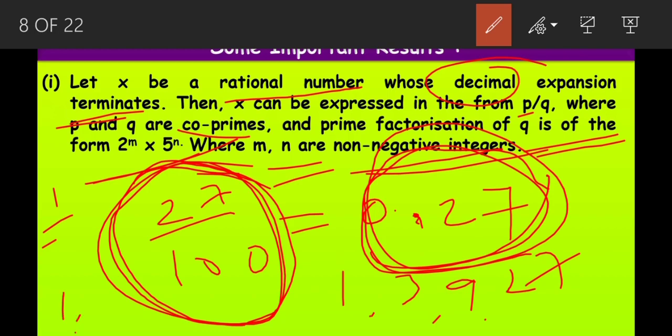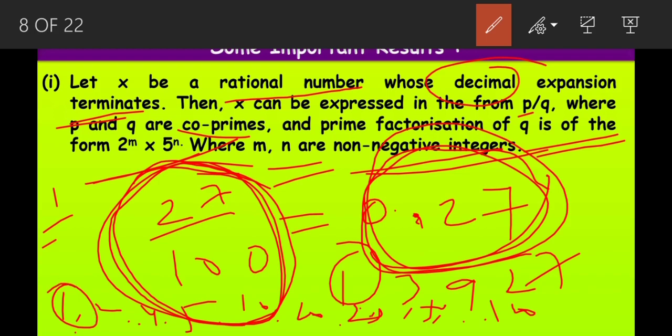It is divisible by 1, 2, 4, 5, 10, 20, 25, 50, 100. Is there any common factor except 1? No, because in both cases 1 is the common factor. So they are co-primes. It is in the form of p by q, where p is 27 and q is 100, and p and q are co-primes.